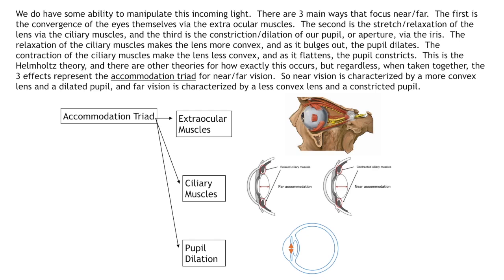The ciliary muscles are attached to the lens and pull and distort it to make it more convergent or less convergent, being more convex or less convex. And then by default, the pupil dilates or constricts based on the convergence or bulging of the lens.